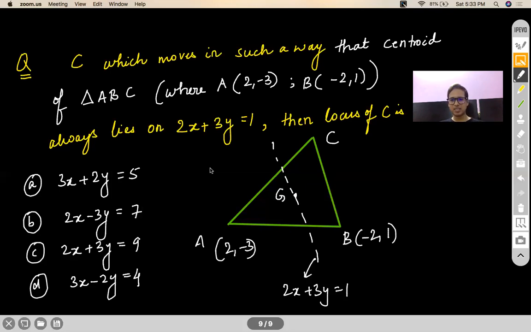Okay, very good. Let's wrap this up in another 30 seconds. Yes, a pair of straight lines would become a second degree equation.